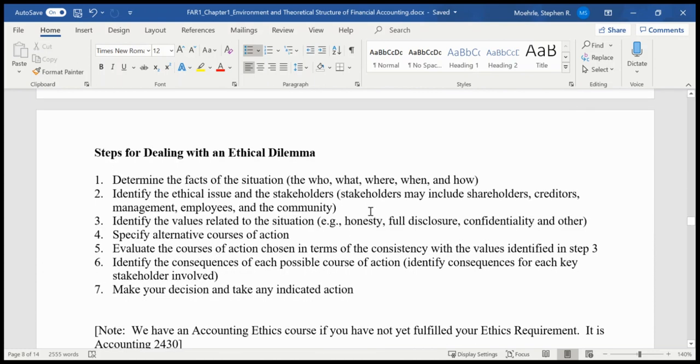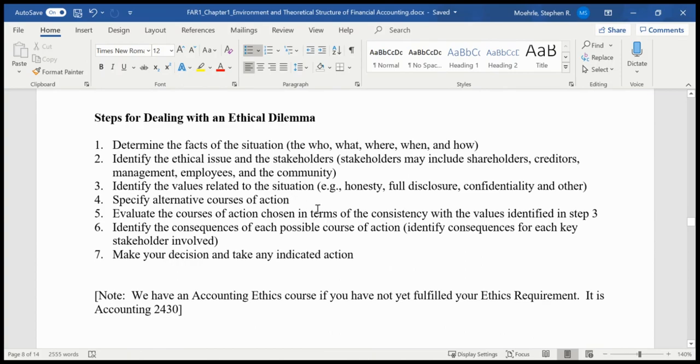Steps for dealing with an ethical dilemma. Determine the facts of the situation, the who, what, where, when, and how. Identify the ethical issue and the stakeholders impacted. Stakeholders may include shareholders, creditors, management, employees, and the community.